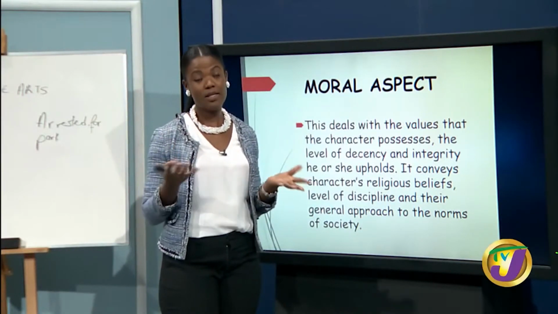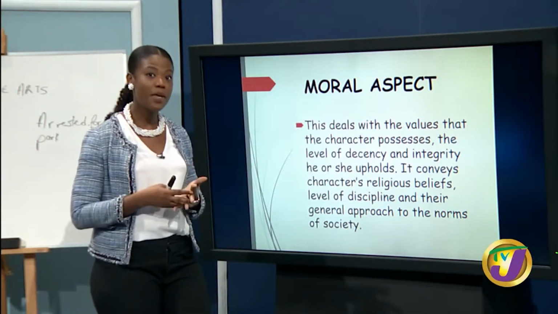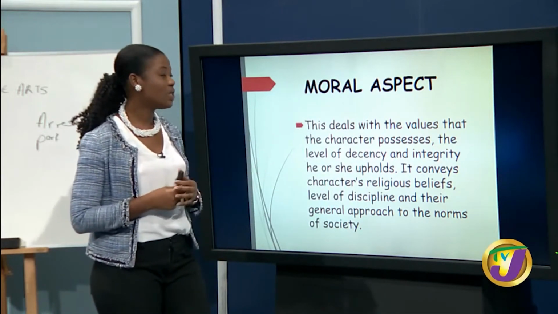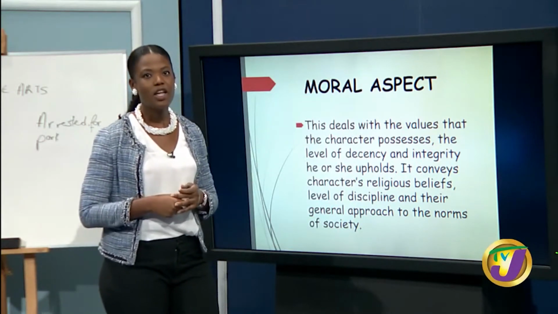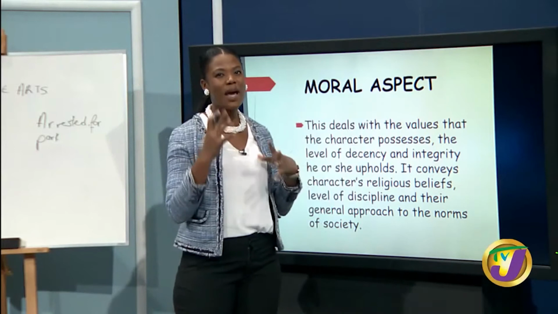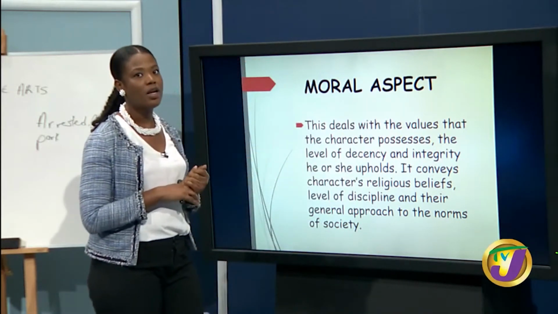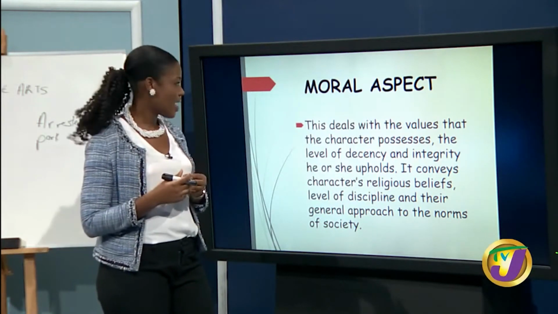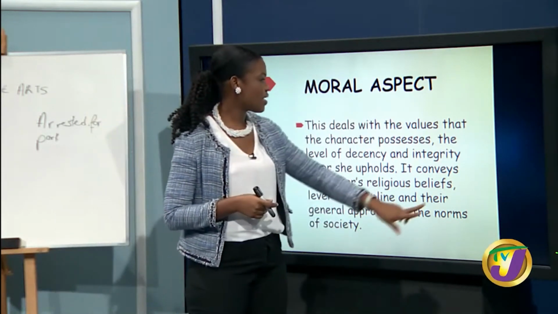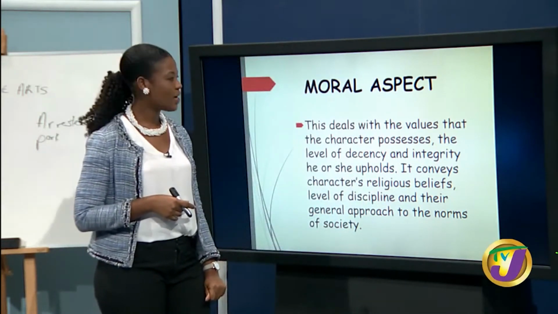Is he or she a thief, a murderer, a rapist? Those areas will take in the moral aspect of the character. Now we will find that we would have similarities between the areas depending on the nature of the character or the idiosyncrasy of the character. So that concludes it for the moral aspect of the character.